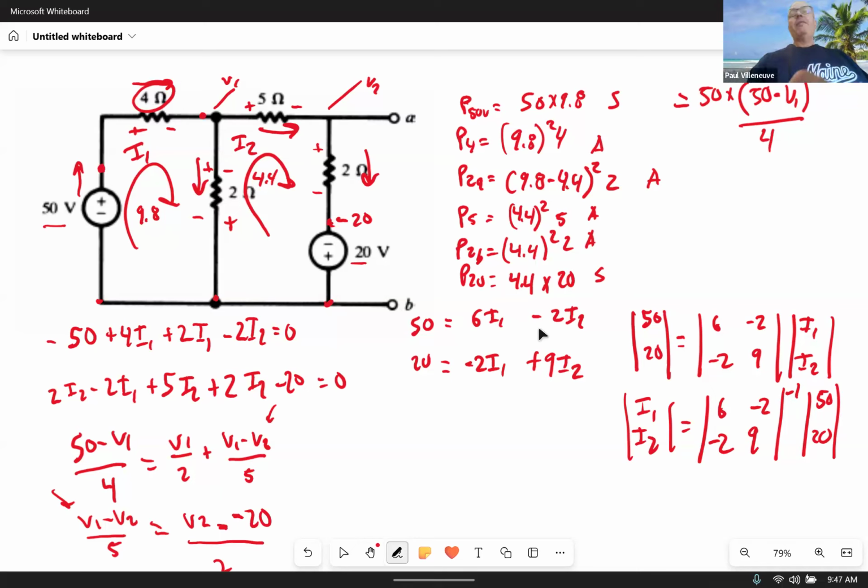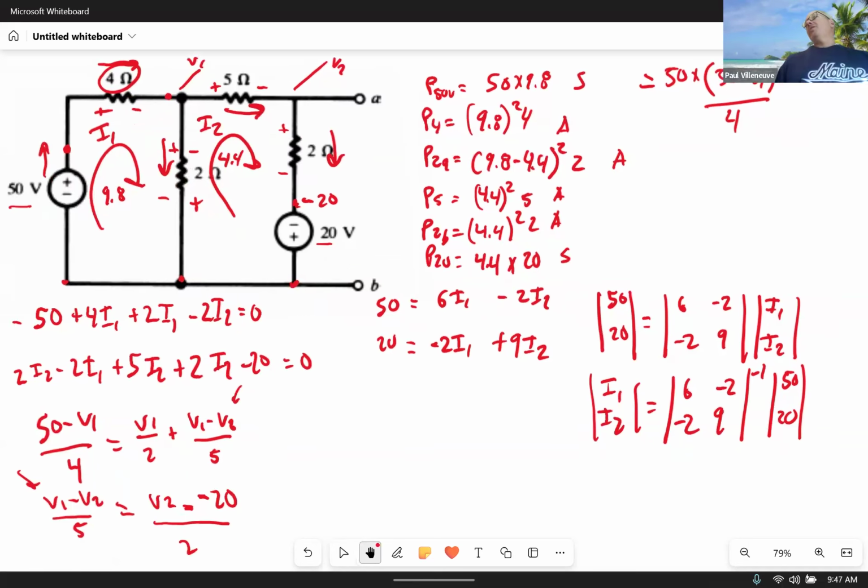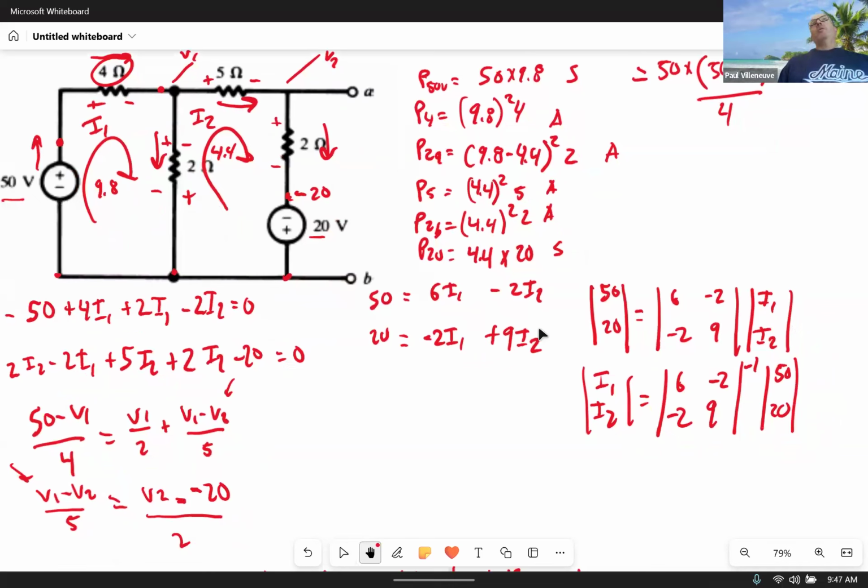Then I subtracted the V1 voltage, and I divided that by 4. That's how I get the current. Okay. Now do you want me to do all of these, or do you want me to just do a few of them? Let me do the next one.